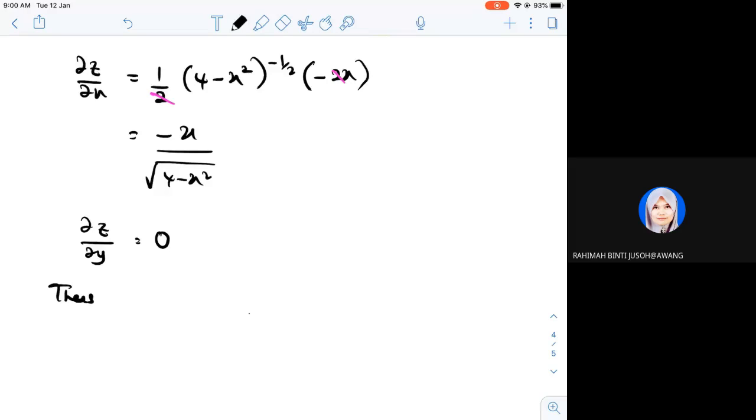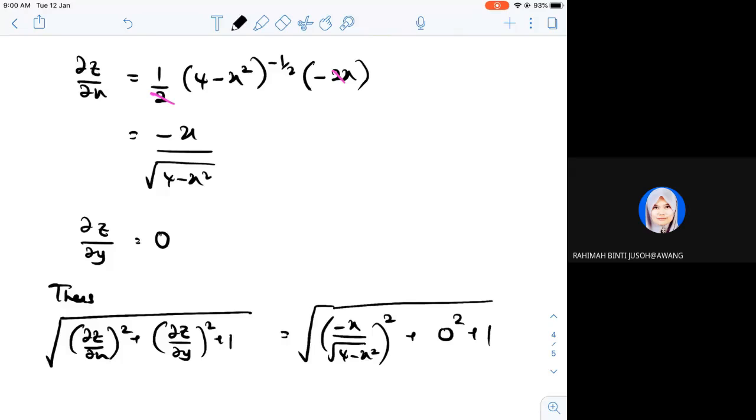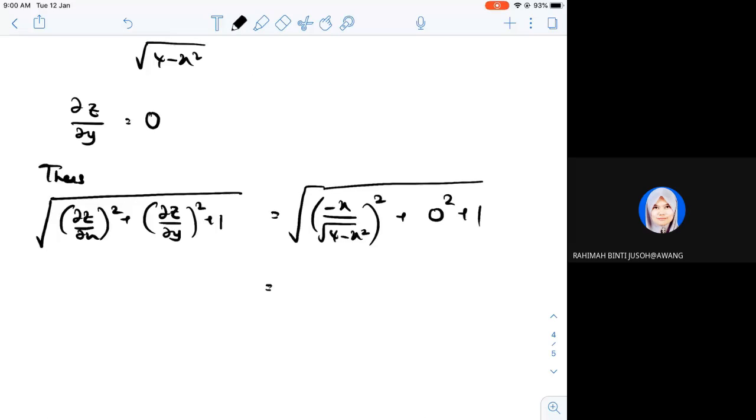Okay, thus, the function will be like this, square root of del z over del x squared plus del z over del y squared plus 1 equals to square root of negative x over square root of 4 minus x squared plus 0 squared plus 1. So we will have square root of negative x jadi positive x squared, and then we can cancel the square root sign since square root sign squared, kan?